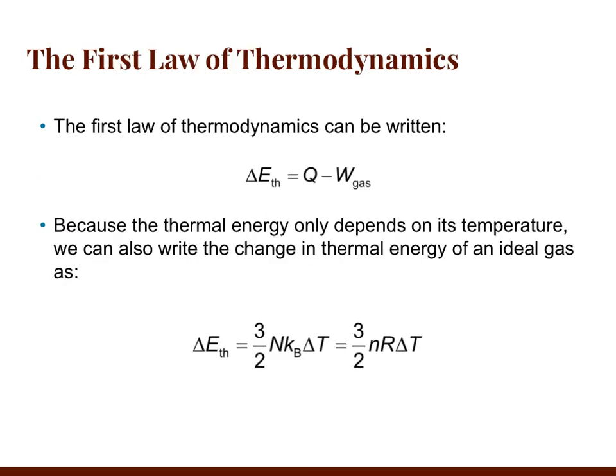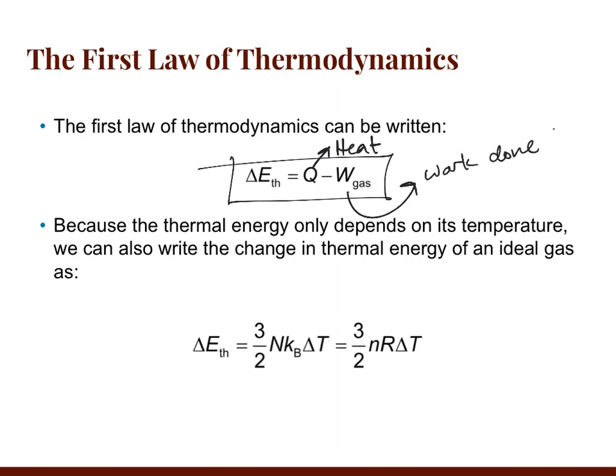All right, so now we arrive at the first law of thermodynamics, which says the change in thermal energy equals Q, which is heat, minus W, which is work done by the gas. And work done by the gas is energy leaving the system, which is why you have this nice minus sign.